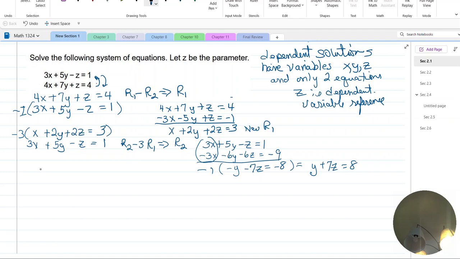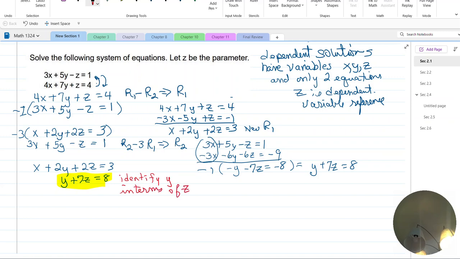So now what I have is, remember, I started with x plus 2y plus 2z equals 3. And now I have y plus 7z equals 8. So now I'm going to identify y in terms of z.